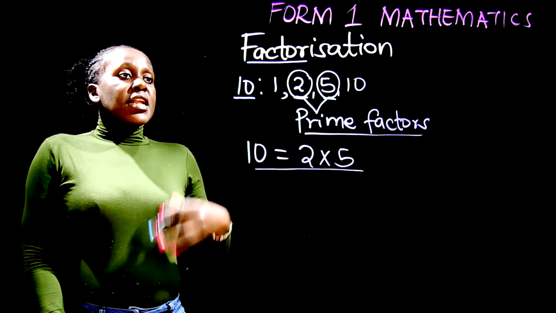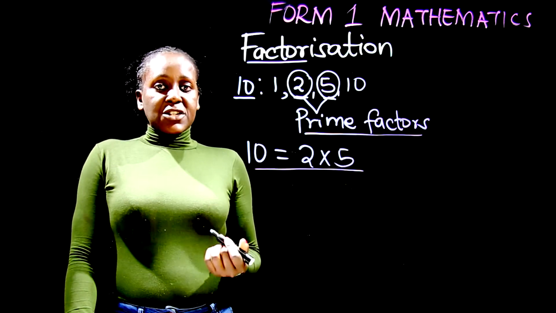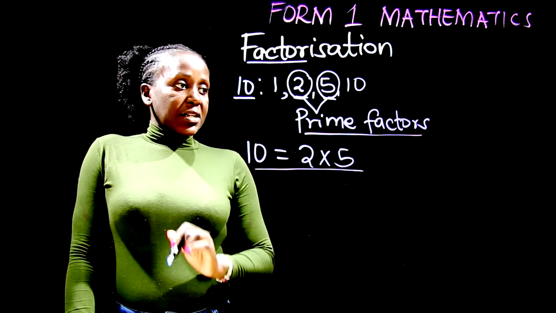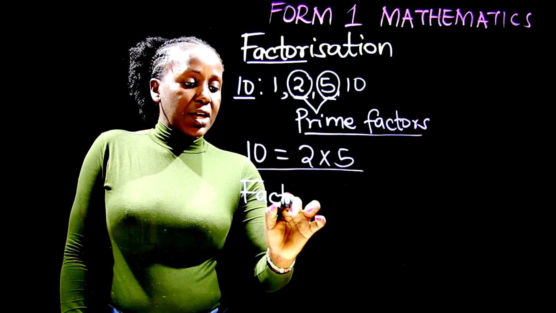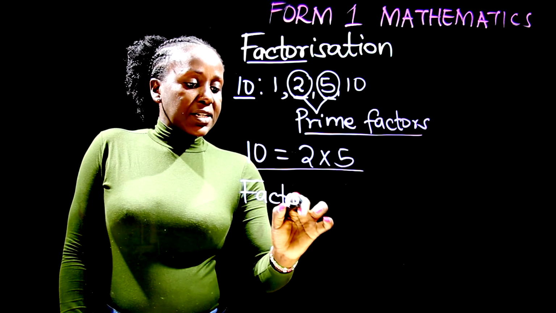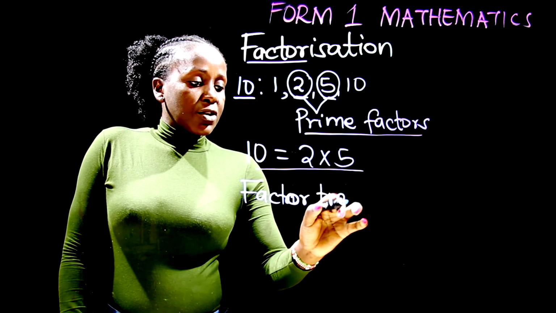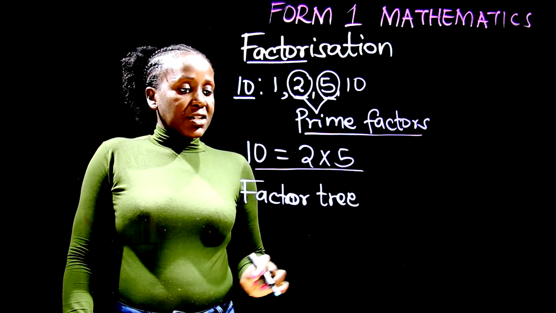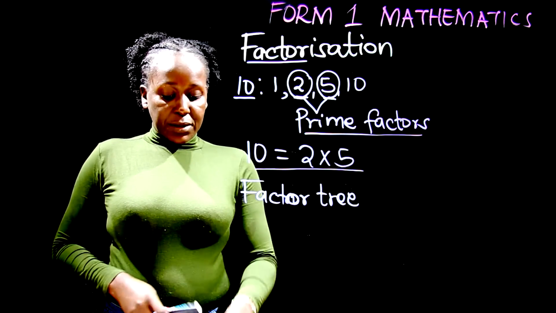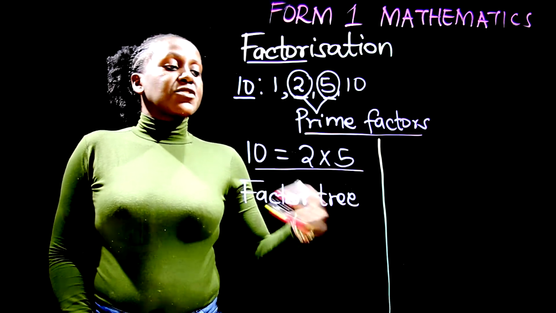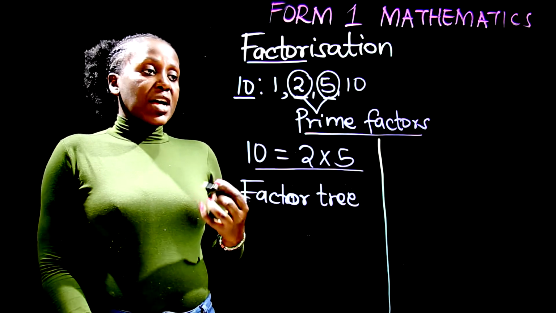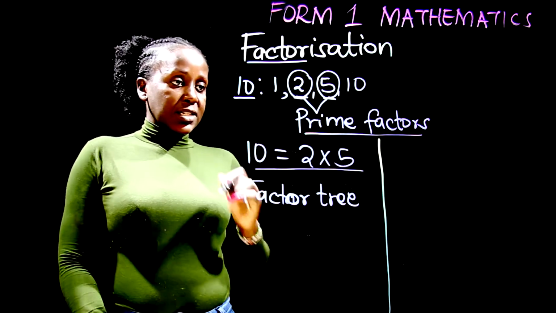Now, when doing factorization, we use something that is called a factor tree. So how do we come up with this factor tree? Let us attempt one. Let us try to express 24 as a product of its prime factors.